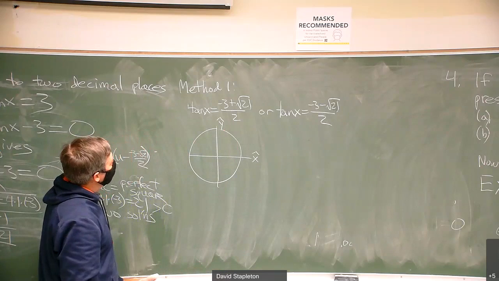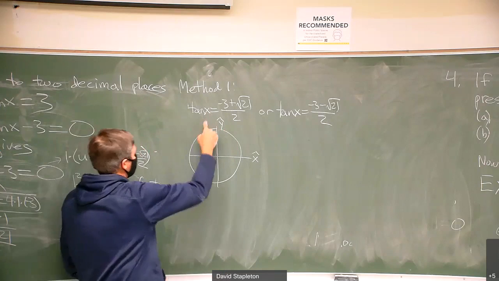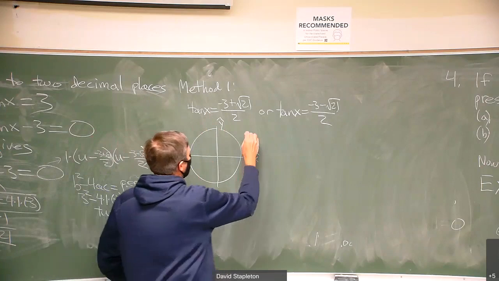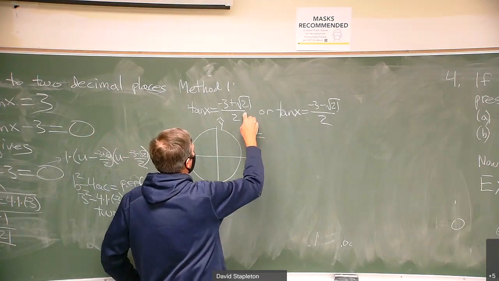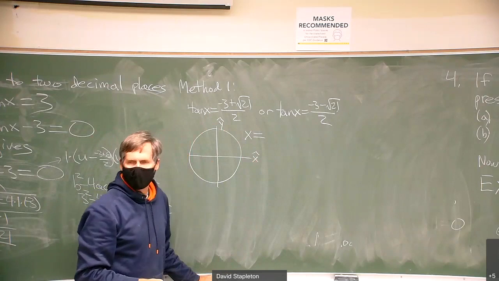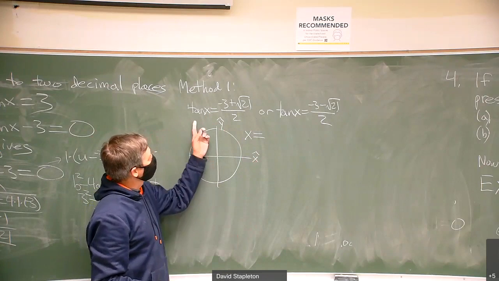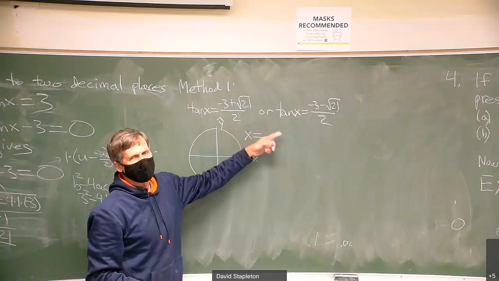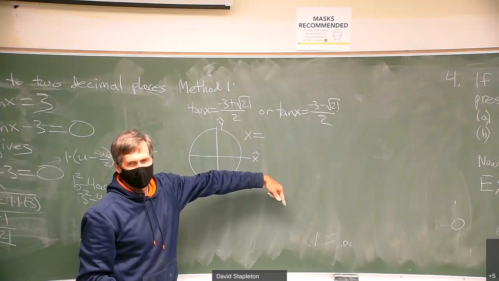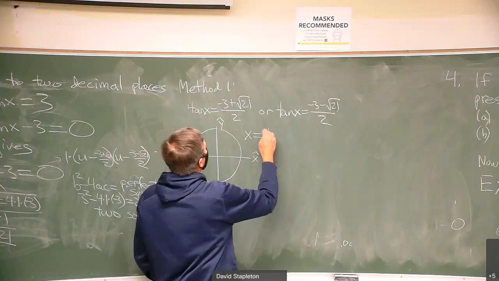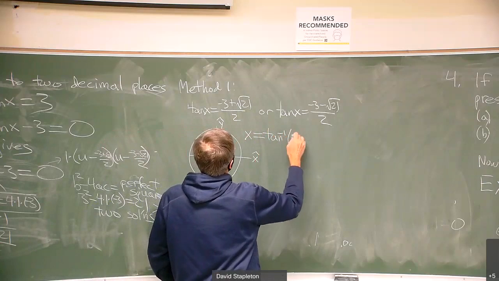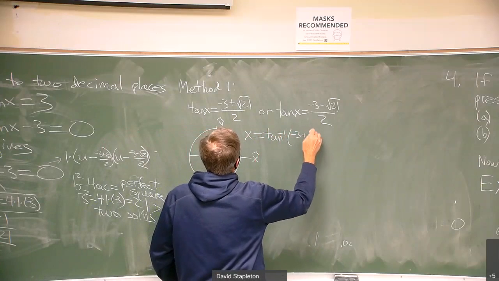Well, I say to myself, I know one solution. What is one solution to tangent x equals the number? One solution is always inverse tangent, or arctangent, of minus 3 plus square root 21 over 2.